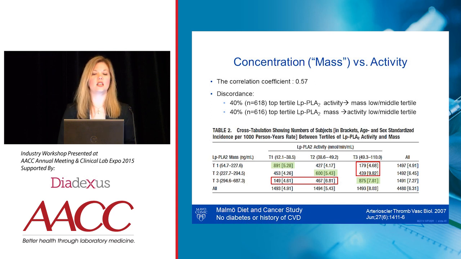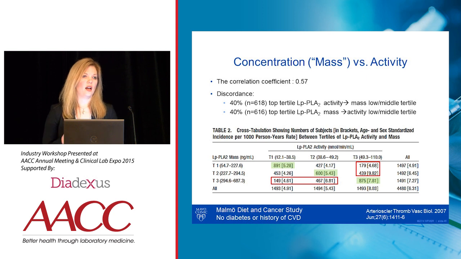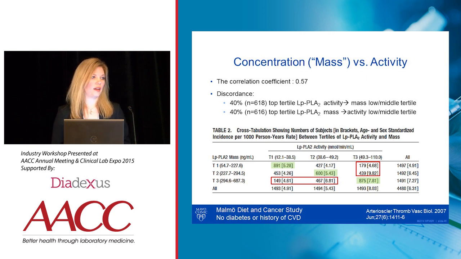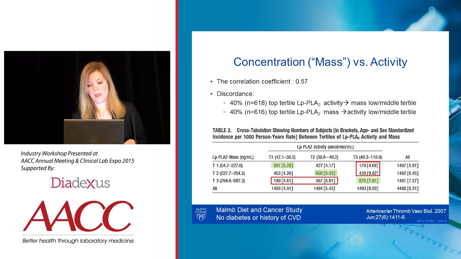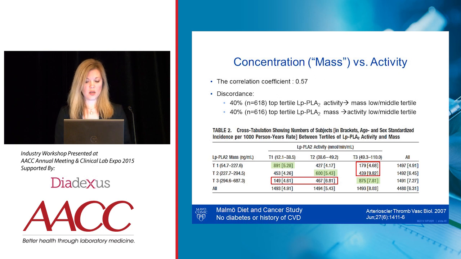What they did nicely here is stratify patients into tertiles based on LPPLA2 activity or LPPLA2 concentration in the bottom table. What we can see highlighted in green, I hope that's showing up for you, is the concordant data.